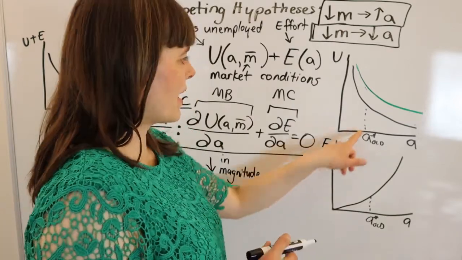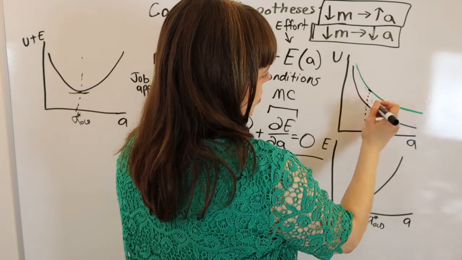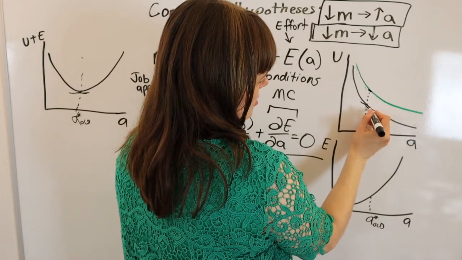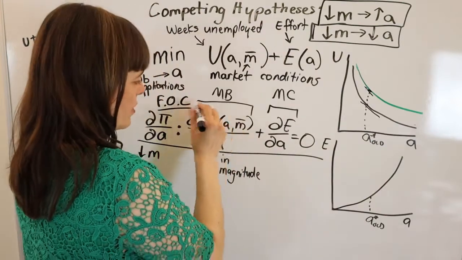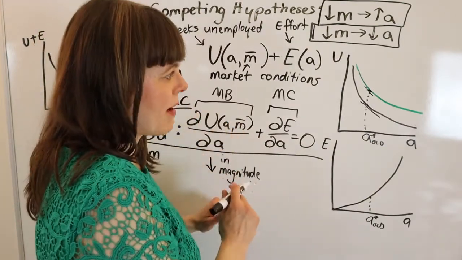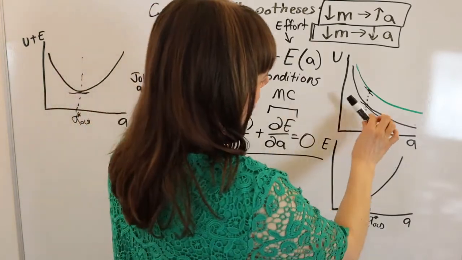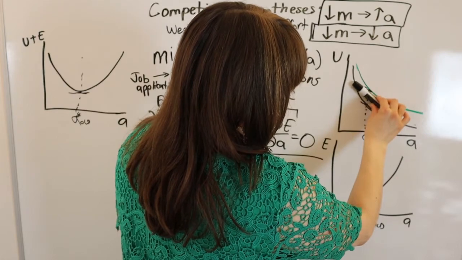So, my intuition is that this has happened, in which case, what has happened to the magnitude of this slope? And we know this whole thing's negative, so this is negative. We just want to ask the question, is the magnitude of that negative thing going up or down? And the way I've drawn it, it goes down.